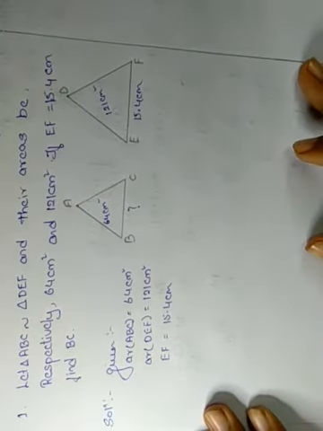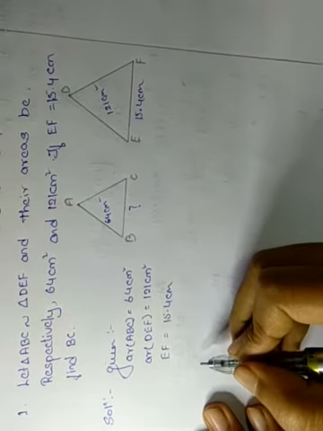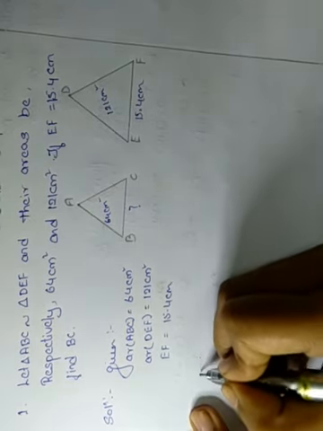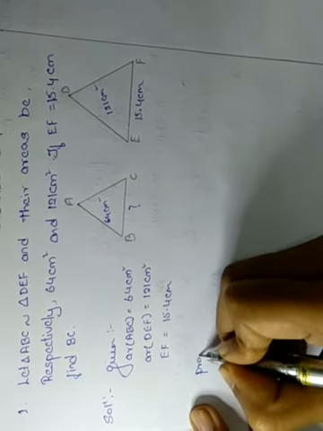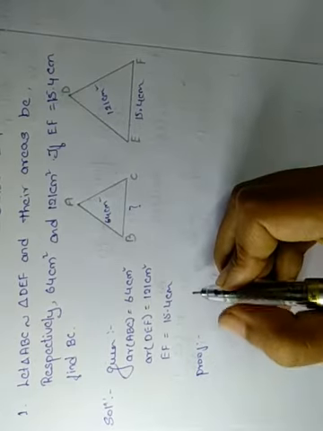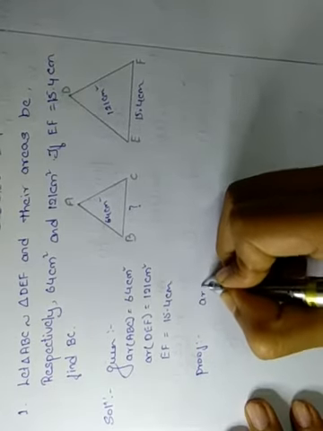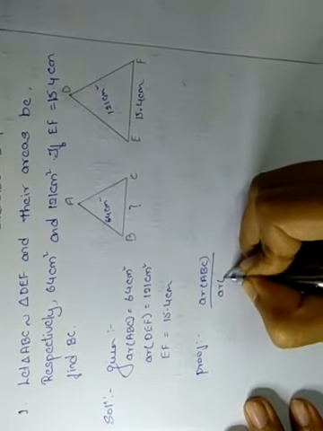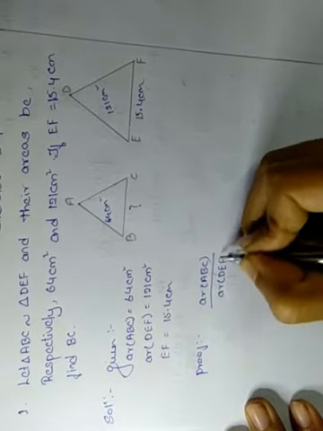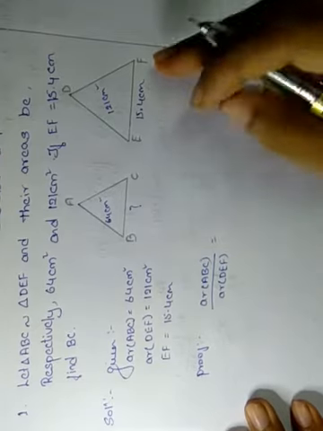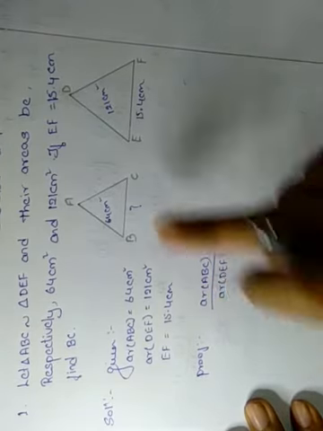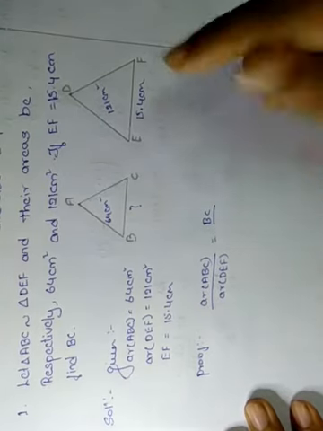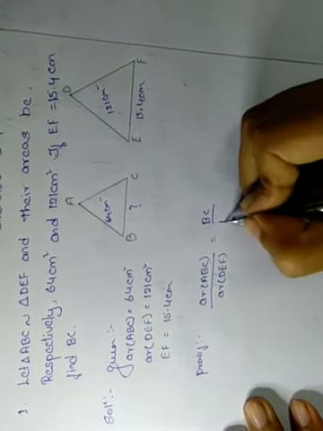Here we are going to use the areas of similar triangles formula, that is, area of triangle ABC divided by area of triangle DEF is equal to the squares of the corresponding sides, that is BC and EF.